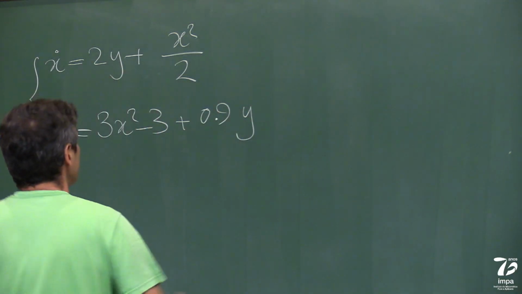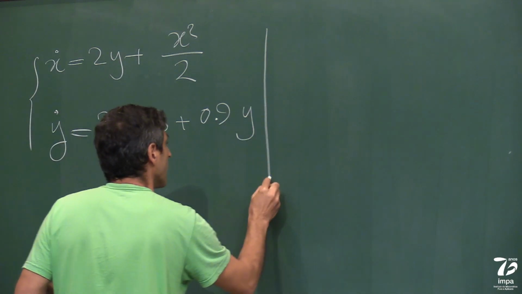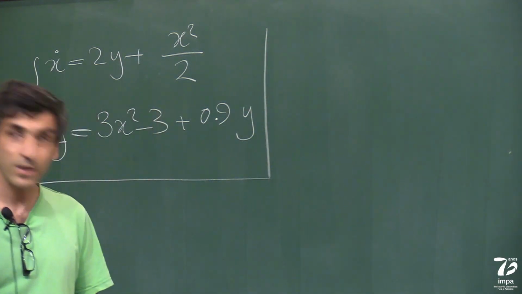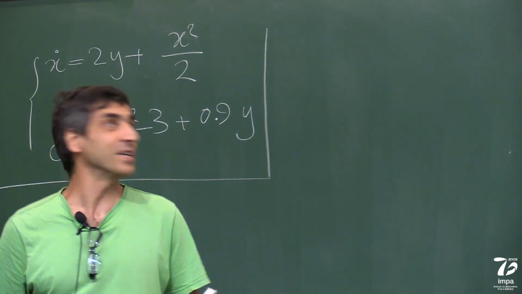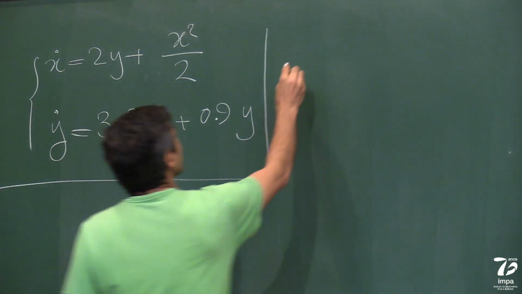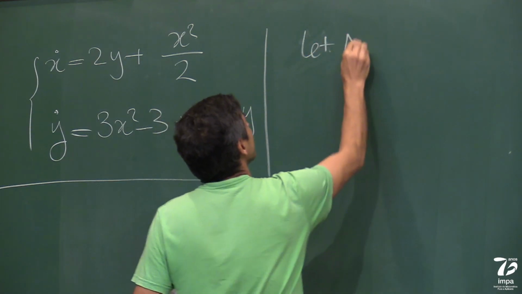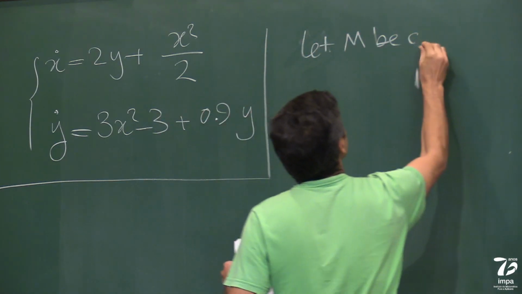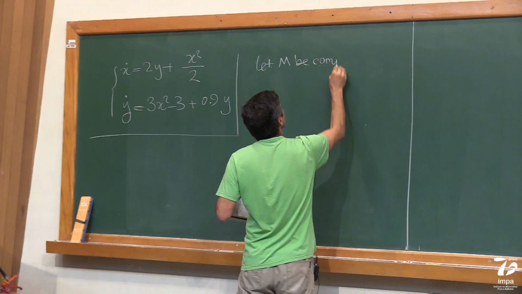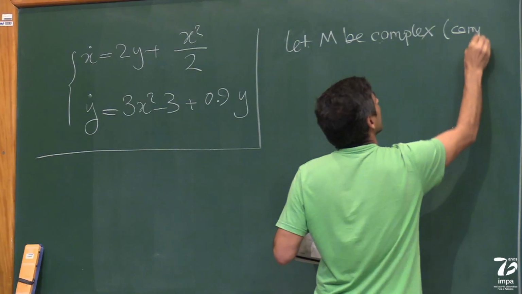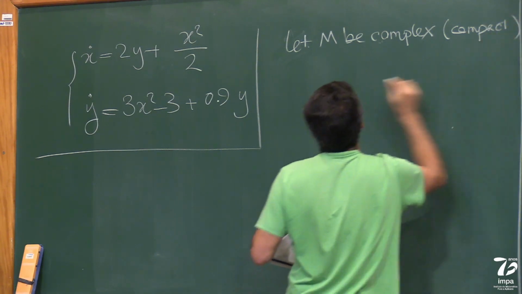Well, if I want to talk in the context of holomorphic foliation at IMPA, I have to start. Let M be a complex, if you want compact, surface.